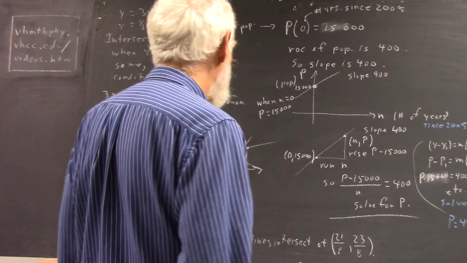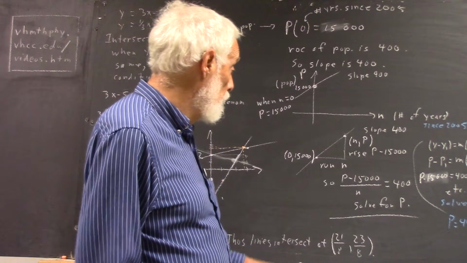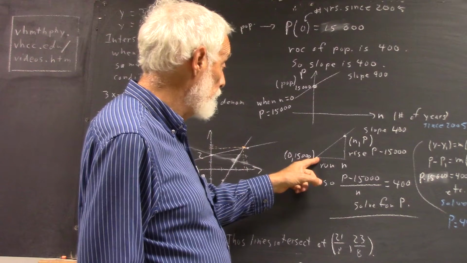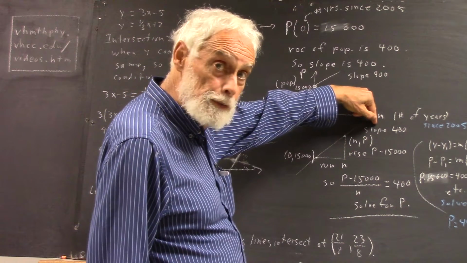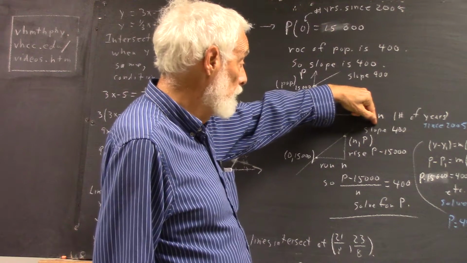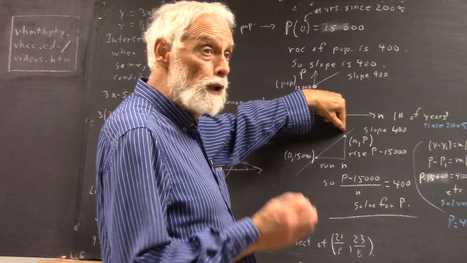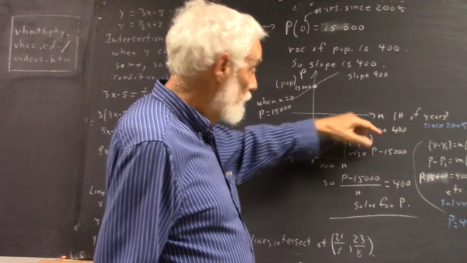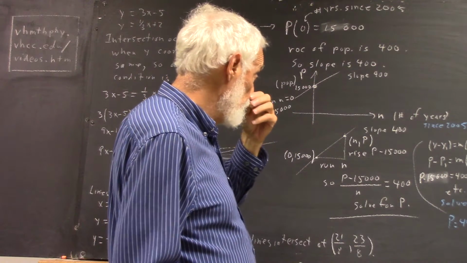Alternatively, we can just draw our fundamental triangle for the point that we know, 0, 15,000, and a line of slope 400, because that is our slope, that's our rate of change. And the arbitrary point out here, it's no longer x, y, it's n, p, because we're using n instead of x, we're using p instead of y.